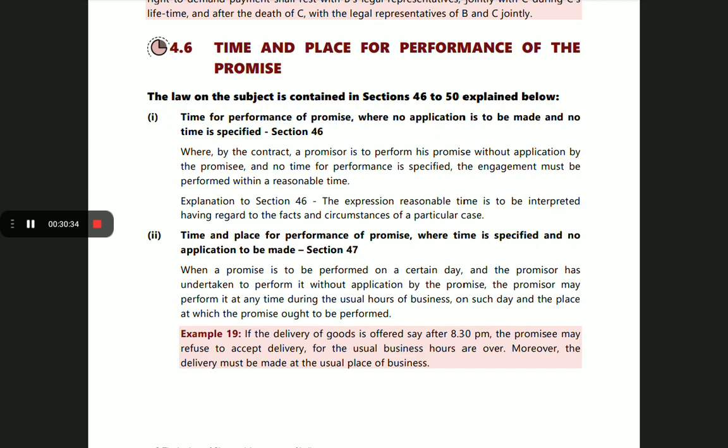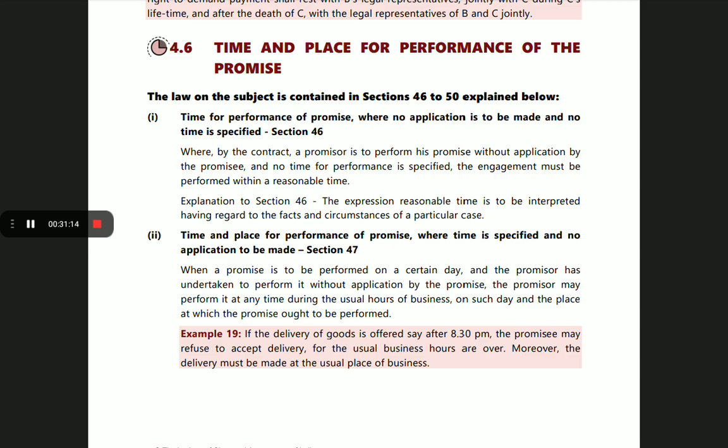When a promise is to be performed on a certain day and the promisor has undertaken to perform it without application by the promisee, the promisor may perform it at any time during the usual hours of business on such day, and at the place at which the promise ought to be performed.